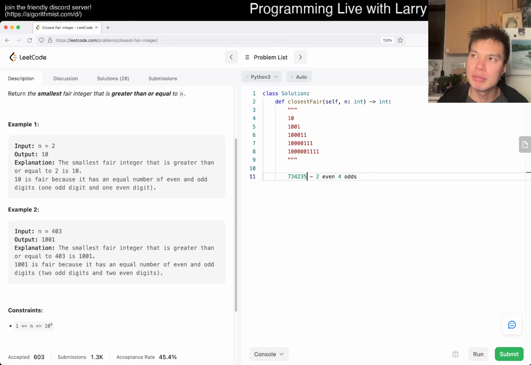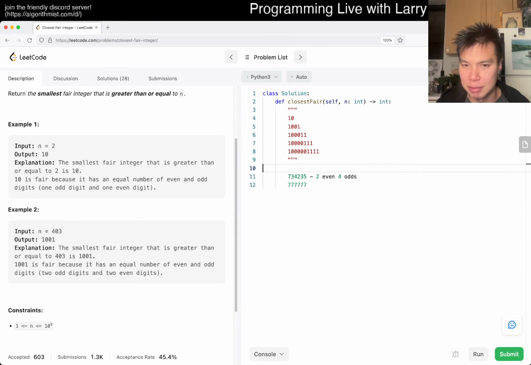I'm trying to think about what the worst case is if we want to increment by 1, other than going to the next digit. Let's say we have 7777, or even just all 7s. Then what happens?